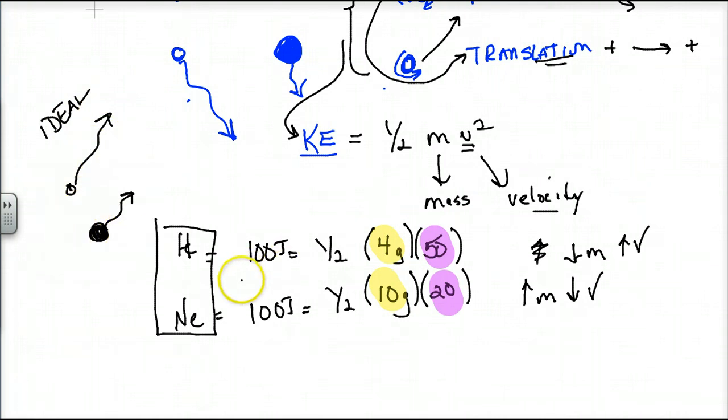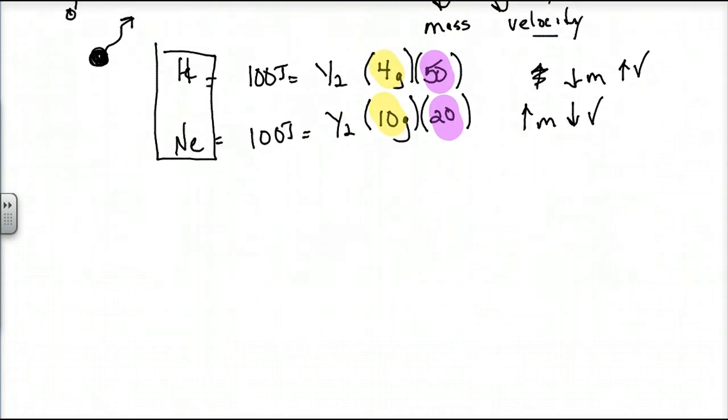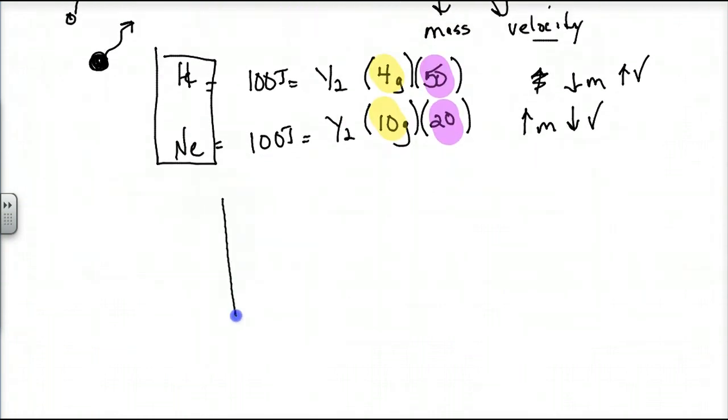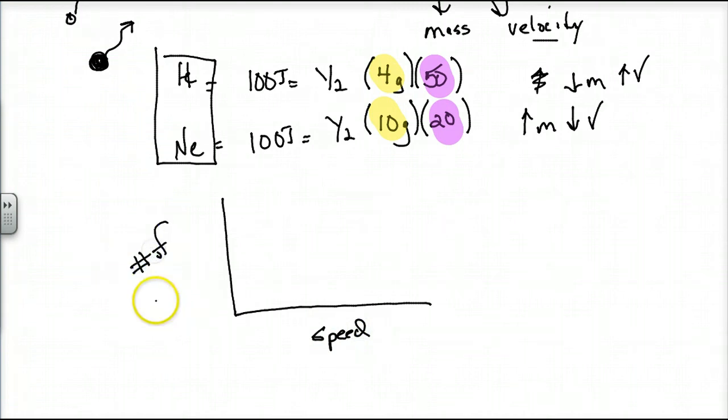It kind of explains it. So if you were to draw a graph of these two gases, a Boltzmann distribution, this is going to be speed, or I should say velocity, and this is going to be the number of, let's say, atoms, since these are monatomic molecules.